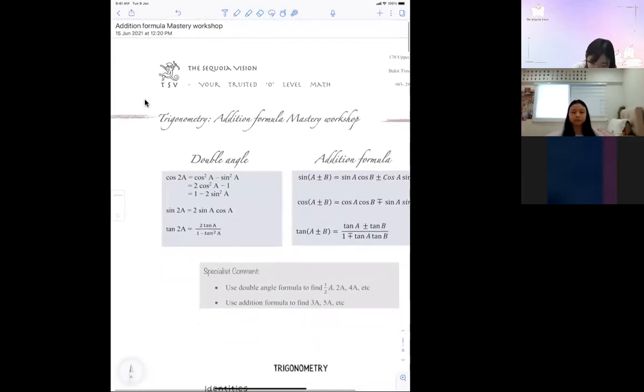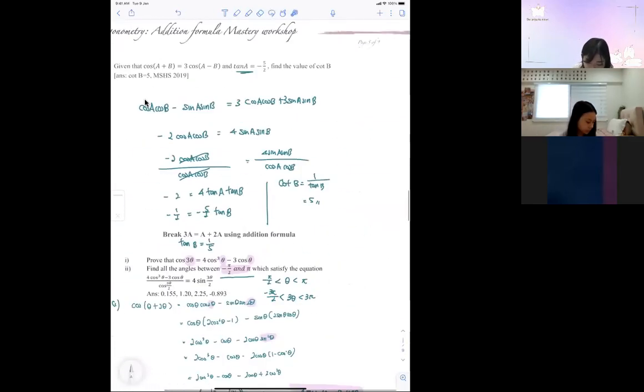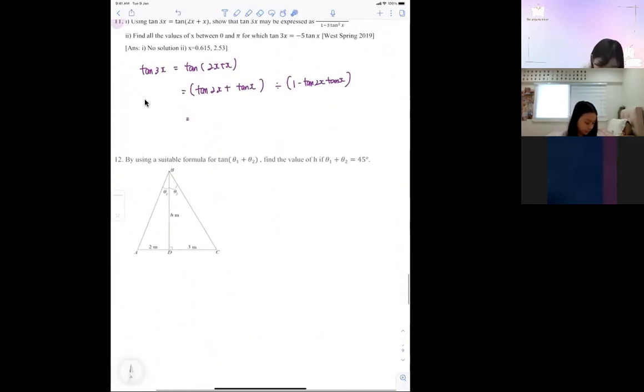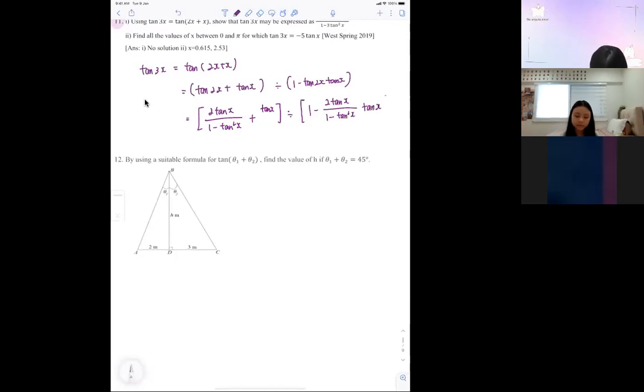Okay, if you can see, it's 2 tangent A over 1 minus tangent square A, very straightforward. So we do the same here. We have 2 tangent x over 1 minus tangent square x, plus tangent x, divided by 1 minus 2 tangent x over 1 minus tangent square x times another tangent x.